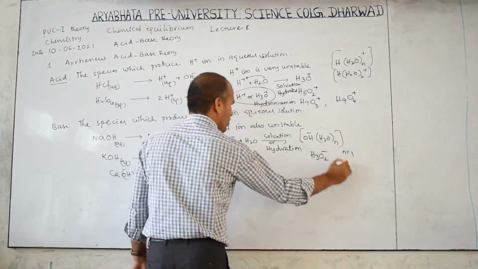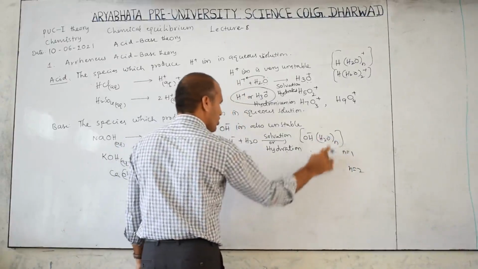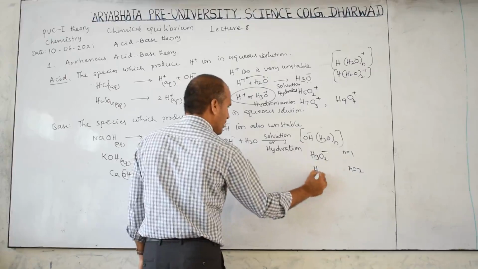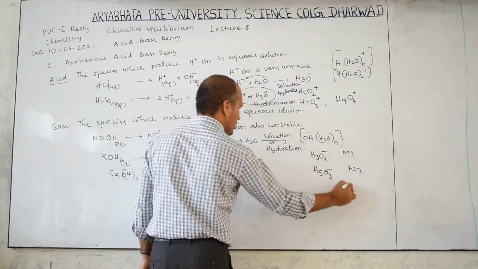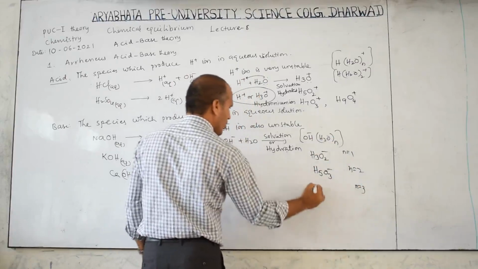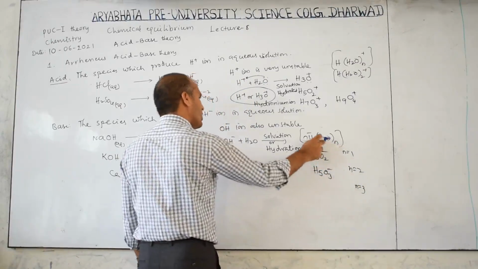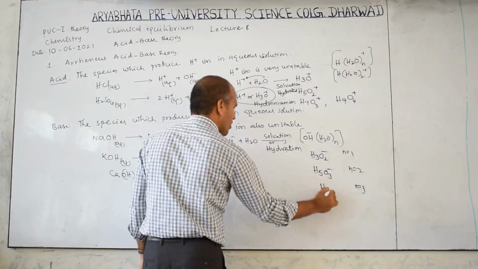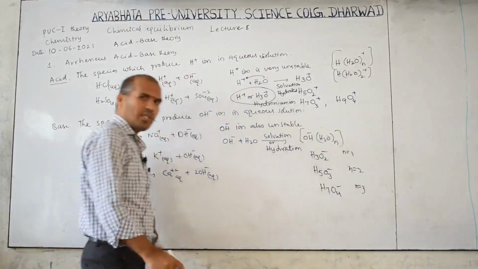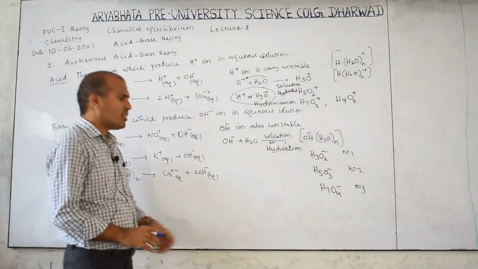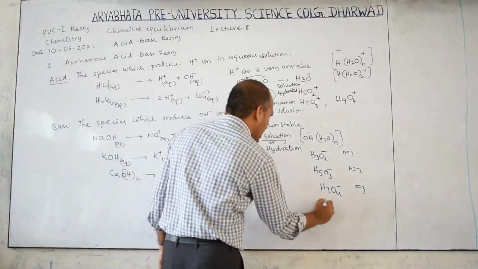Now if n equal to 2, then 2 into 2, 4, 4 plus 1, 5, H5, 3 oxygens and minus. N equal to 3, then 3 into 2, 6, 6 plus 1, 7, oxygens are 3 plus 1, 4, 4 minus. Like this it will continue. So these are all hydrated forms.